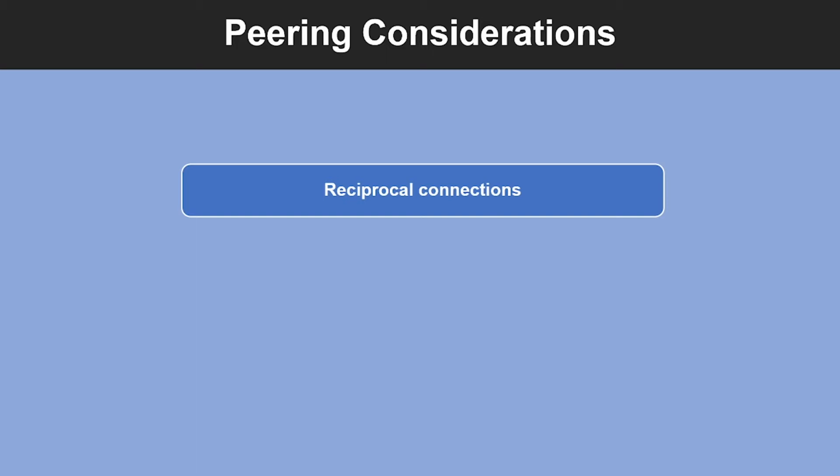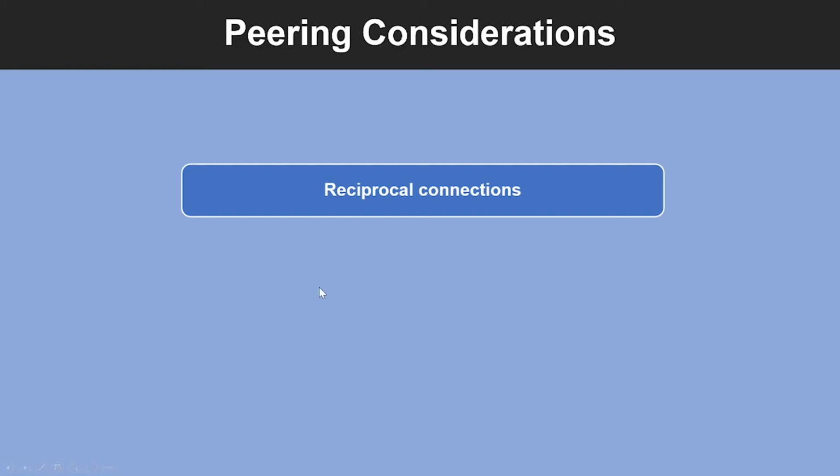To connect the networks by using virtual network peering, you have to create connections in each virtual network. Think of how you connect two network switches together. You connect a cable to each switch and maybe configure some settings so that the switches can communicate. Virtual network peering requires similar connections in each virtual network. Reciprocal connections provide this functionality.